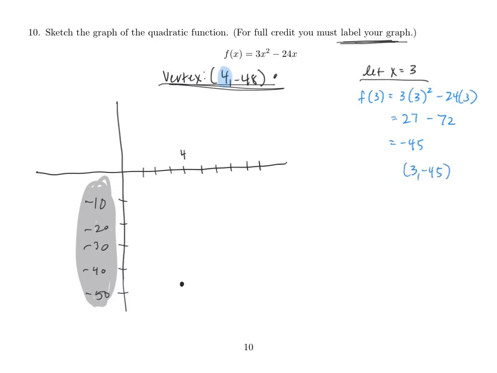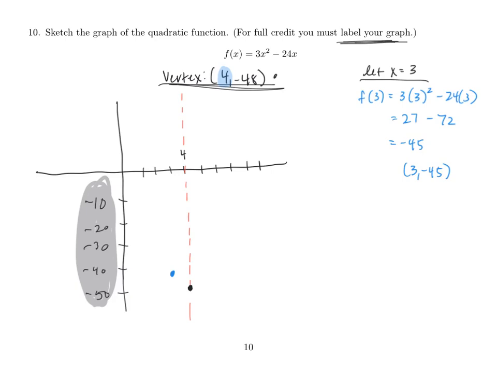So I'm going to go to 3 and go down to negative 45. It's somewhere right in here. Now, here's the thing. My vertex, remember you have an axis of symmetry that goes through your vertex. Oh, look, my black point is way off. Let me see if I can erase that and move it over. So remember you have an axis of symmetry that splits your graph in half.